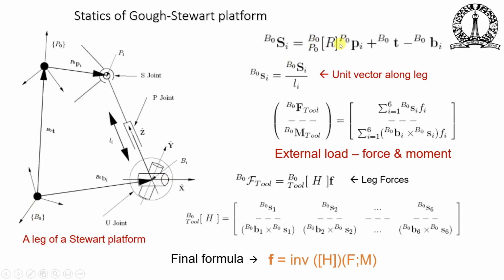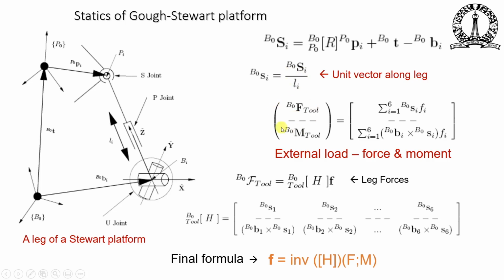This is the basic equation for the Stewart platform for each leg which locates the spherical joint. The length of the motion, Li, is along the prismatic joint, and we denote a vector B0 Si. The unit vector along this prismatic joint is B0 Si divided by Li.